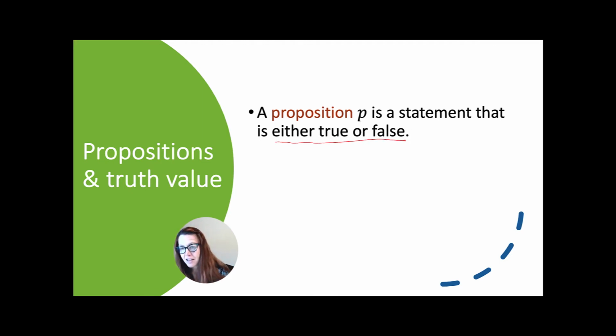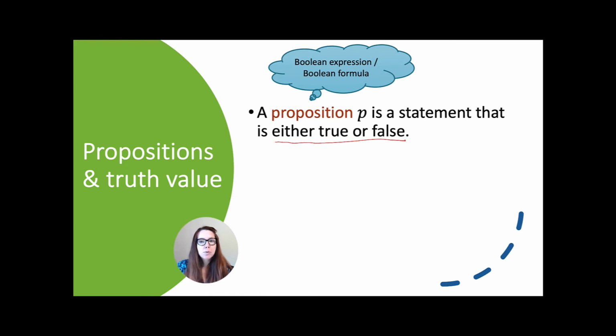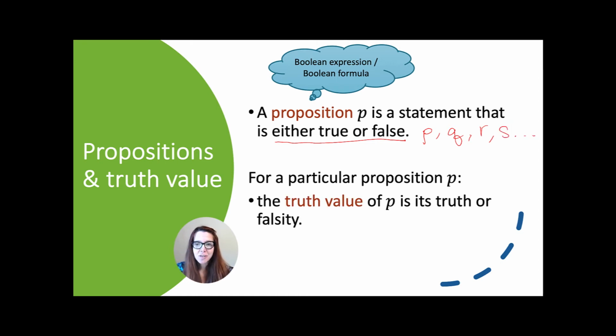And in programming, this looks like a Boolean expression or a Boolean formula. It's an expression that, when resolved, takes the value true or false. And we use variables, propositional variables, and we typically start with the letter P. So it would be P, Q, R, S, and so on to represent those.